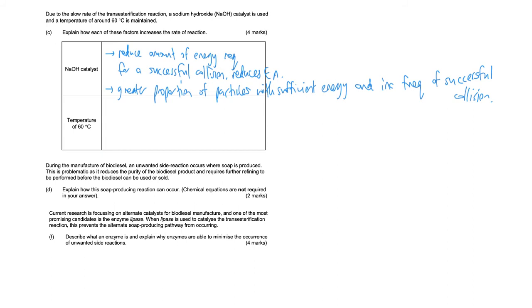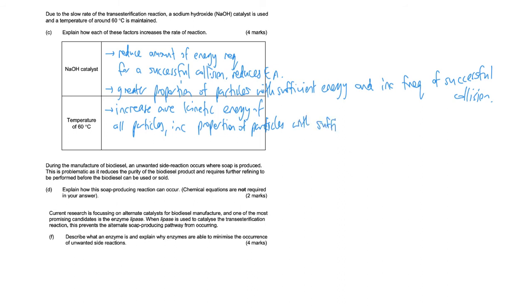Okay, then a temperature of 60. So what does a temperature of 60 do? Increases average kinetic energy of all particles, which leads to an increase in the proportion of particles with sufficient energy, and again increases frequency of successful collisions.